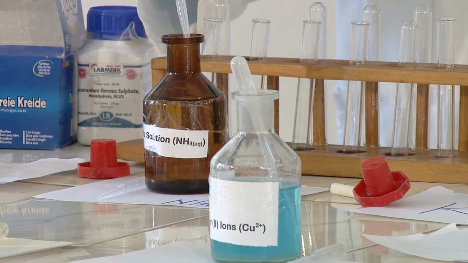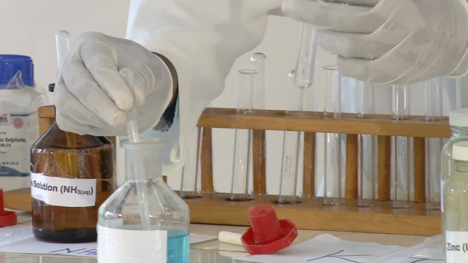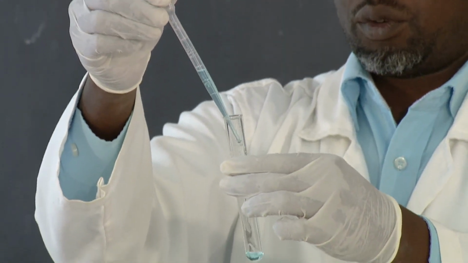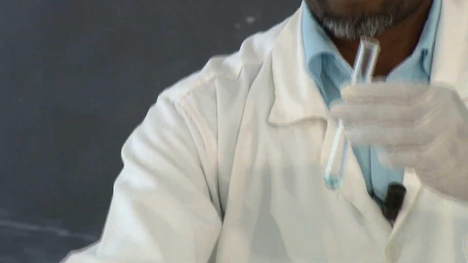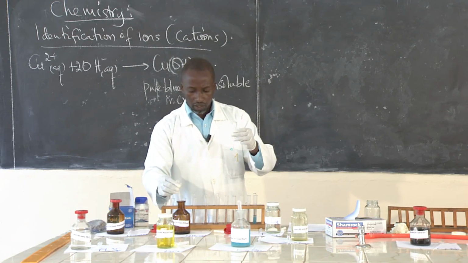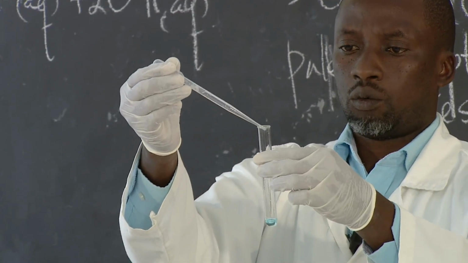So it is wise to not inhale that gas directly. Few drops, as we said. Then you add a few drops of ammonia, drop-wise. So you have to first add 1 drop.